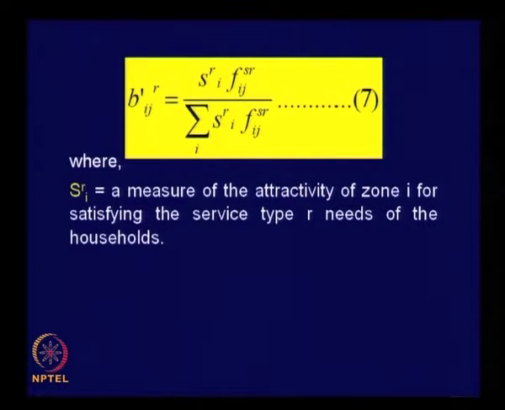S_R_i is nothing but a measure of the attractivity of zone i for satisfying the service type or needs of the households. You must understand we will be distributing the different types of service center based on the attractivity of different zones for this particular service.